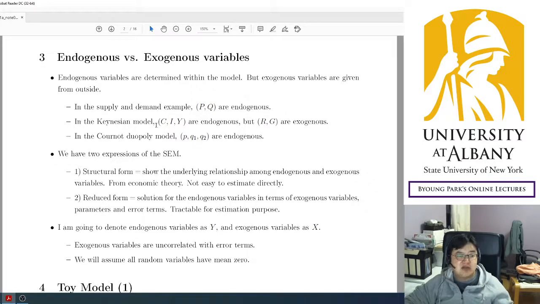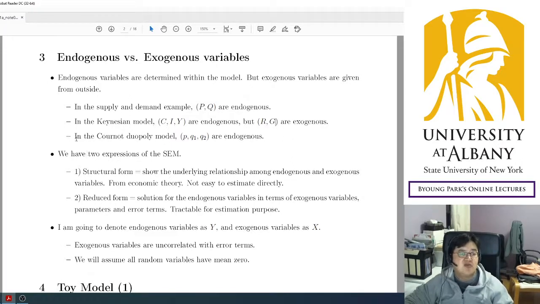And in a Keynesian macro model, consumption, investment, and income are endogenous because the equations explain how they are determined. But the model does not explain how the interest rate or government spending is determined. So we usually assume that interest rate and government spending are exogenous.